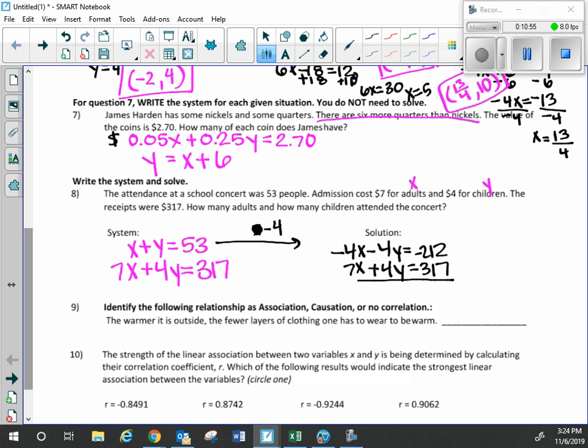So you've got 3x equals 105. So x is 35. Plug x back in. 35 plus y equals 53. So there were 18 kids.